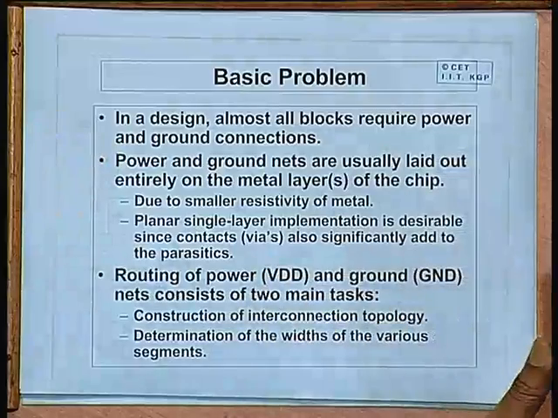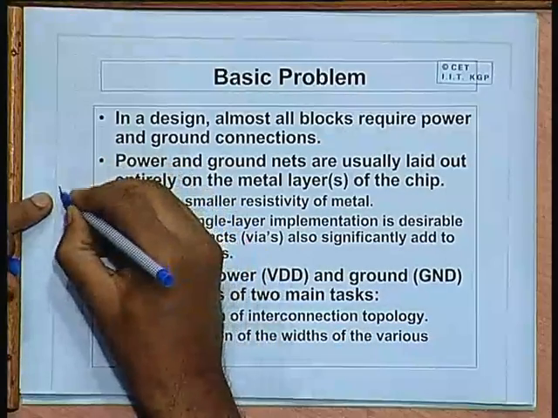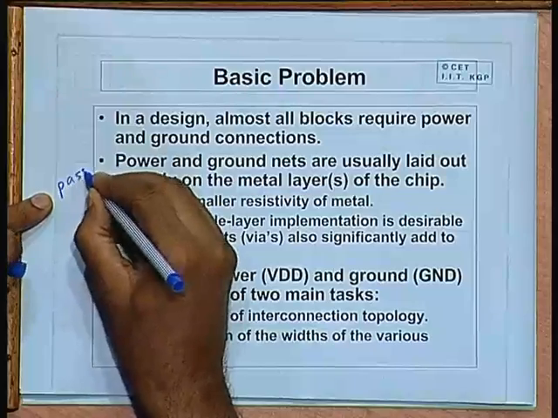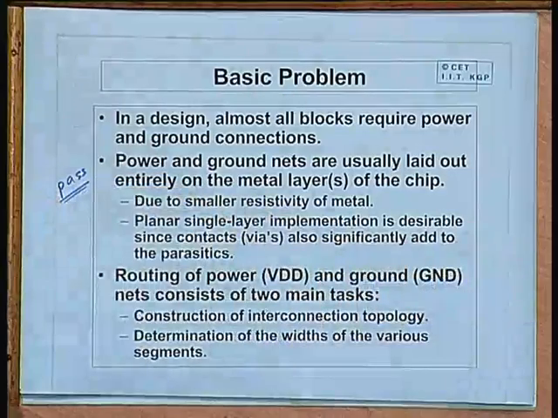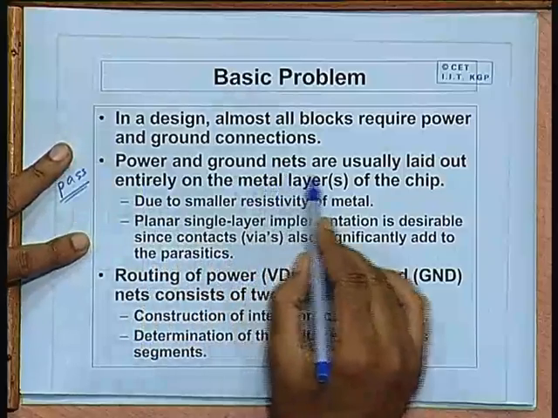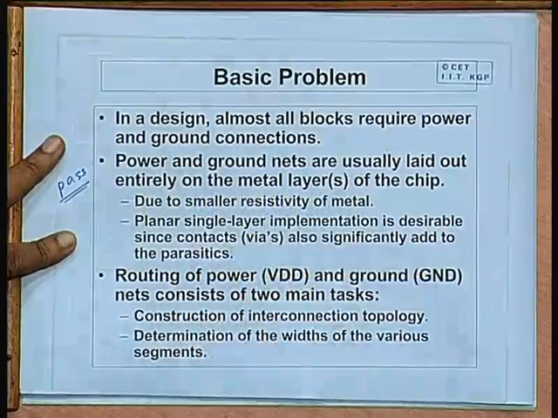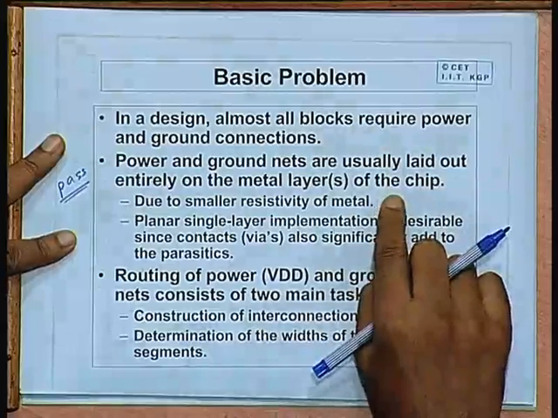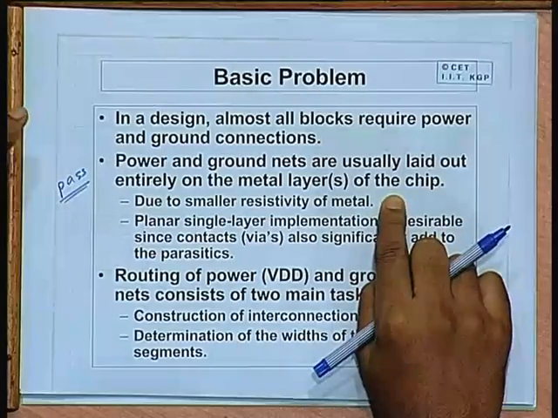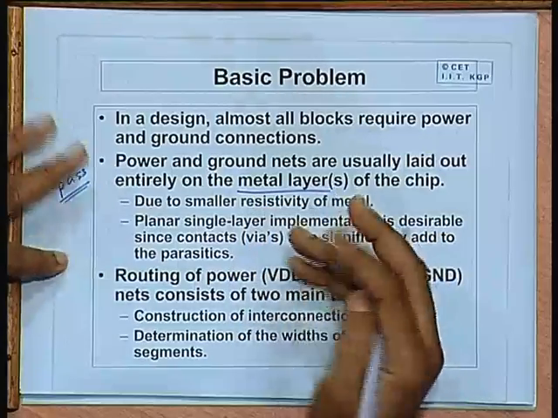Unless some are pass transistor networks, they do not need power, but most of the other blocks do. Now, power and ground nets are again usually laid out on the metal layers of the chip, not necessarily on a single layer. It may be on a single layer, maybe on two layers also, but only on the metal layers due to their low impedance.